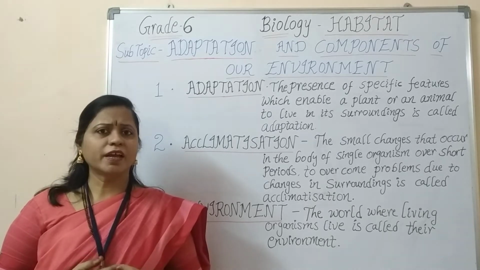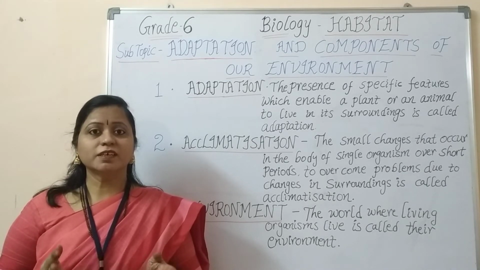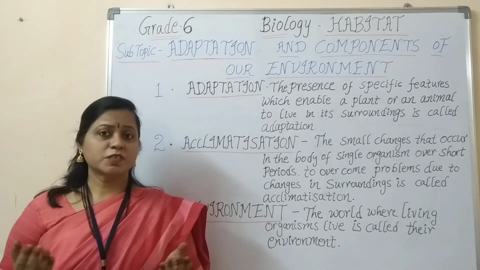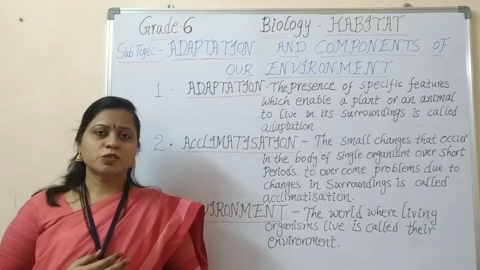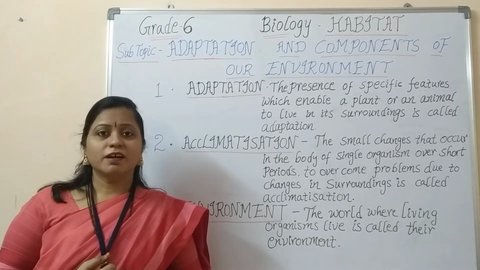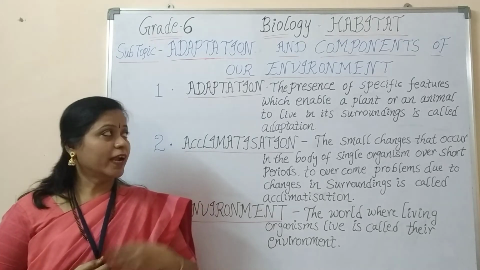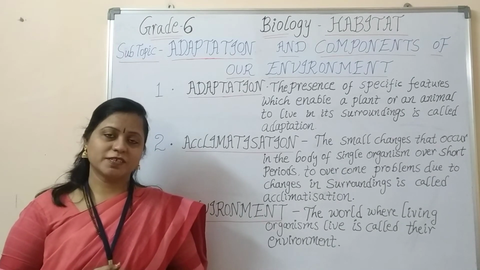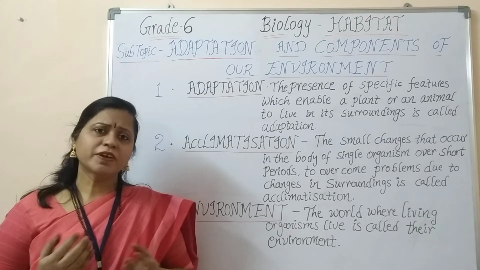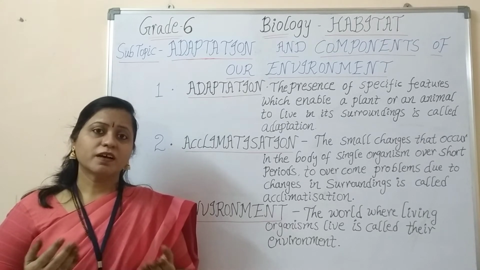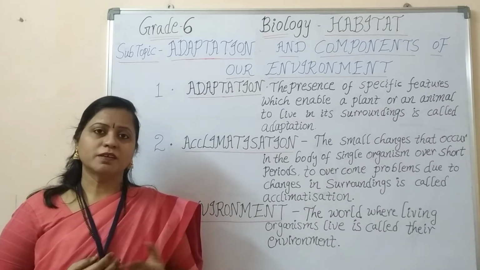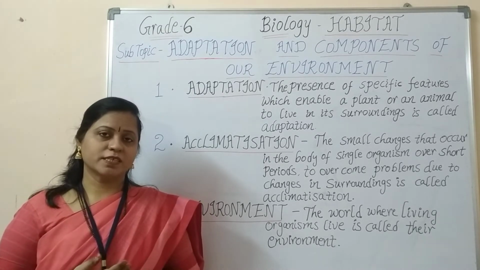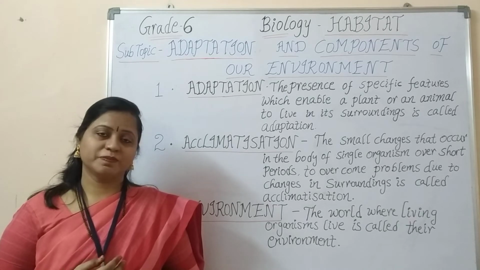Children, we find a variety of living organisms on the earth, and all these living organisms have some special features. So today let us discuss the topic adaptation and components of our environment. The specific features which enable a plant or an animal to live in its surroundings are called adaptation.